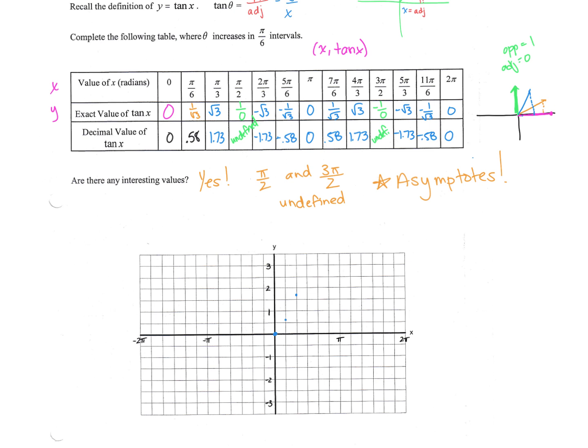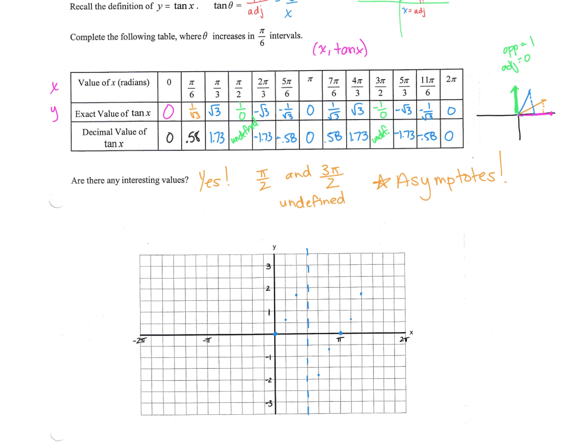At π/2, I'm going to use my straight edge and draw an asymptote. At 2π/3, I'm going to be at -1.73. And I'm just going to continue on. At π, I know I'm at 0, and I'm going to continue to plot these points, which you are all capable of doing.